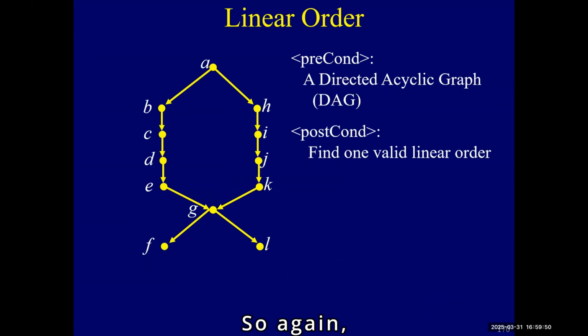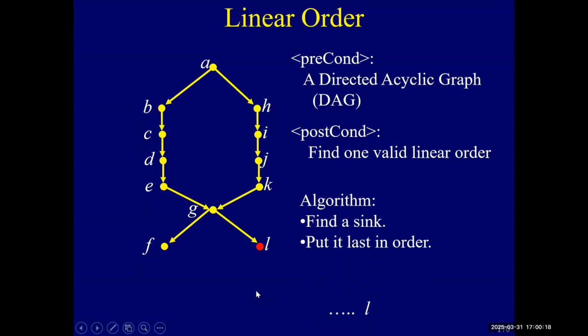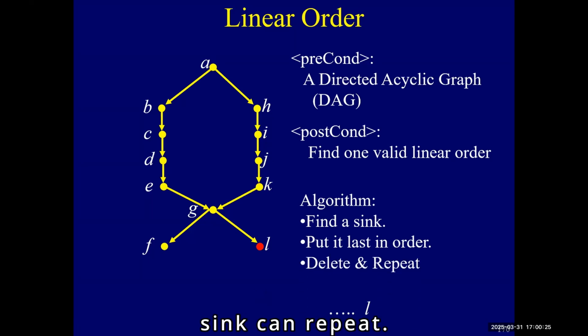All right. So again, I'm going to tell you the algorithm, and we're going to prove the algorithm works using an example. Here's a DAG, with no cycles. The algorithm is first going to find a sink. What's a sink? It's a node that has no children. Then it's going to put the sink last, delete that sink, and repeat.